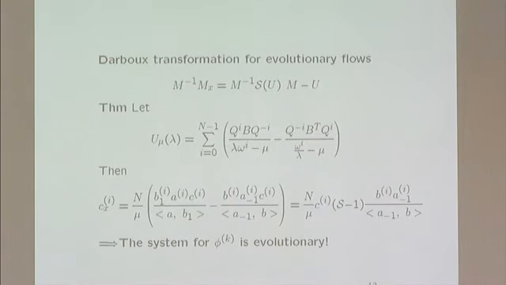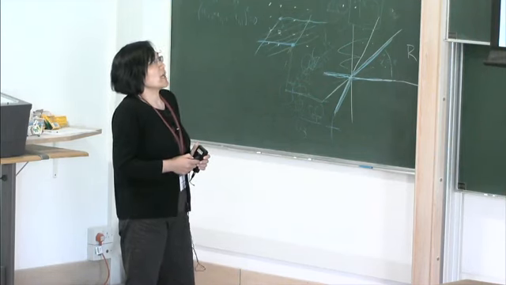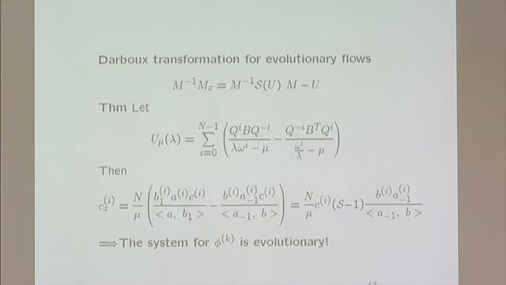So now I want to make it evolutionary. I already have the double. I am going to look backwards at what u will make it evolutionary. What I'm doing is I simply move my m to here, and then the m inverse has, if m has a pole at mu, the inverse will have a pole at 1 over mu.